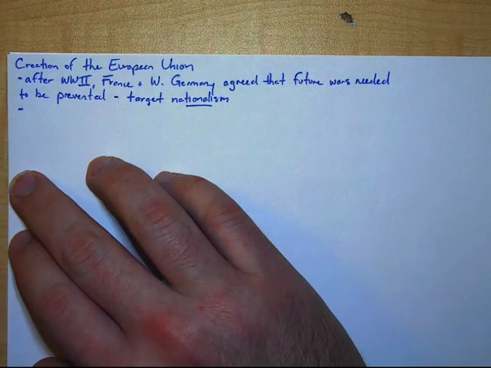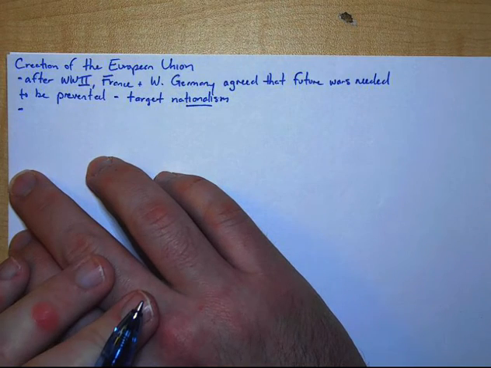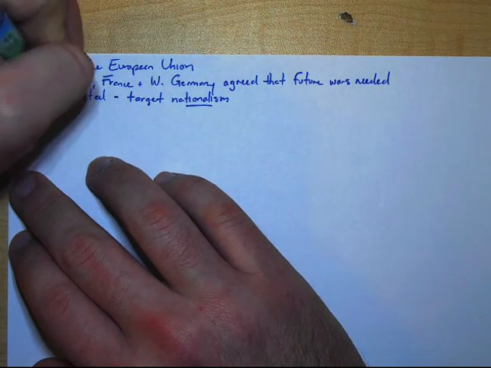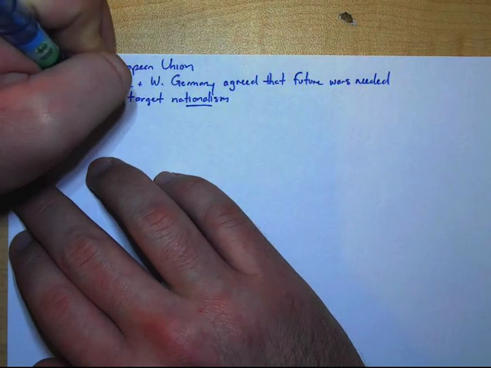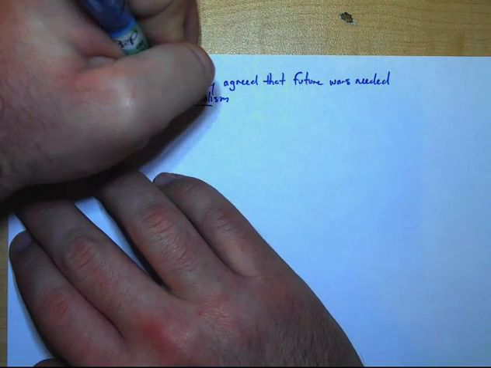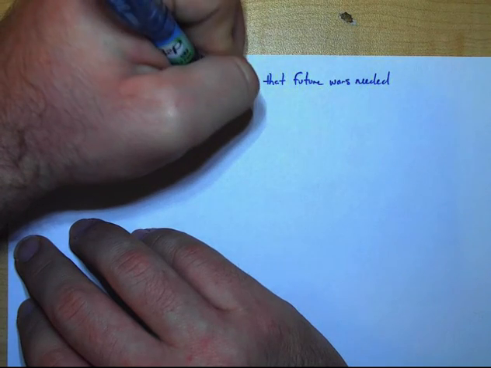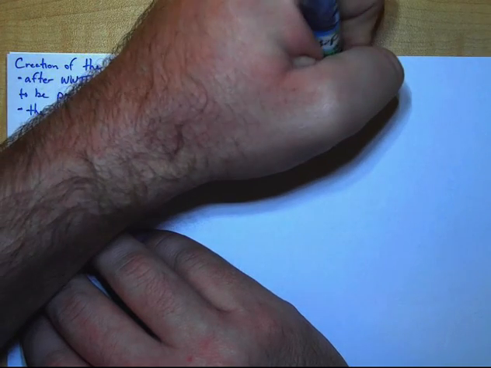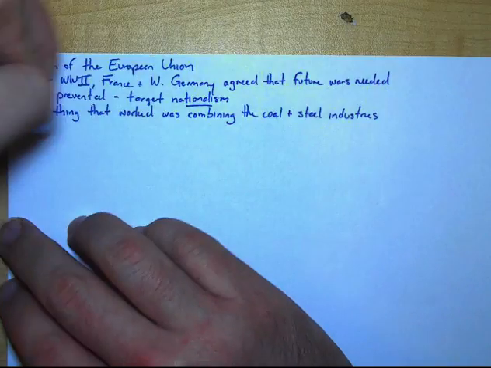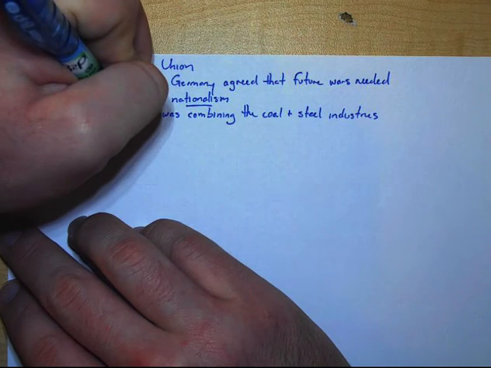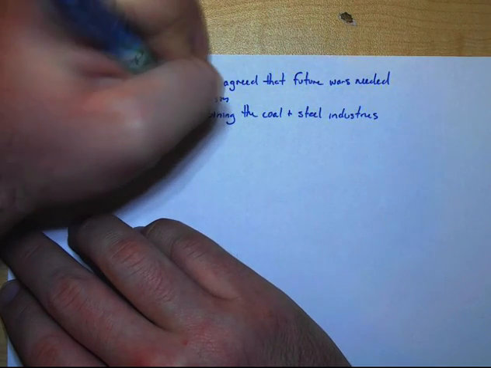There were a number of philosophical attempts to try to unify Europe, but the thing that actually worked was combining the coal and steel industries of France, West Germany, and Belgium.